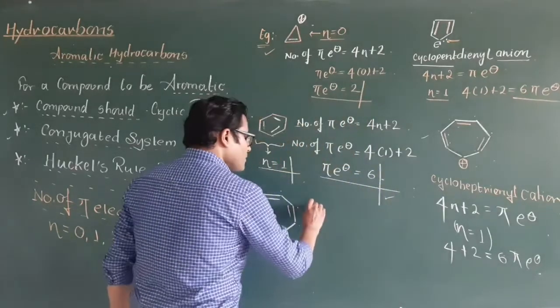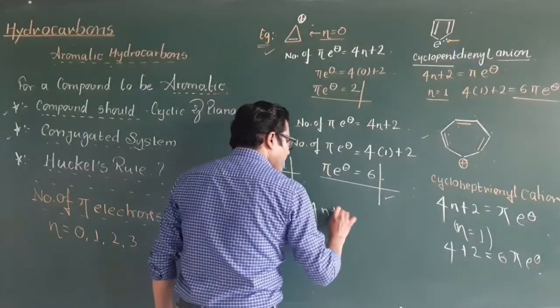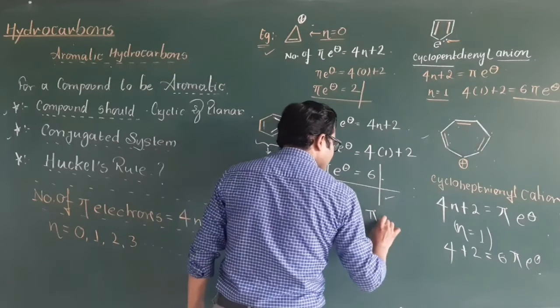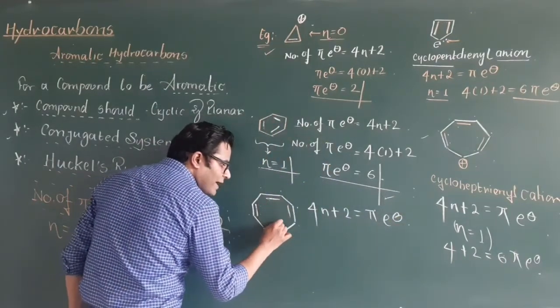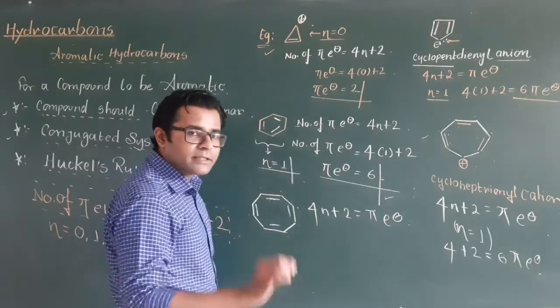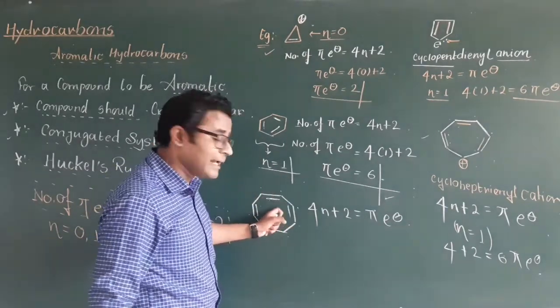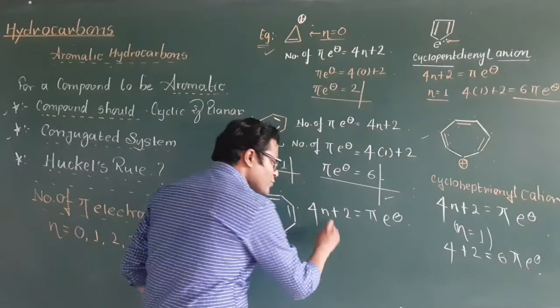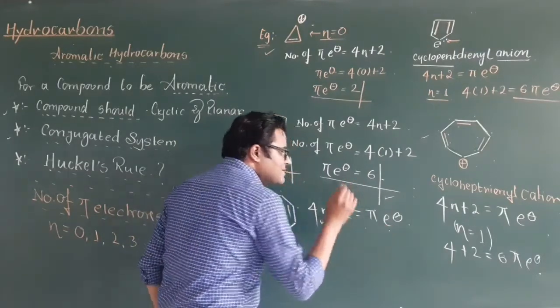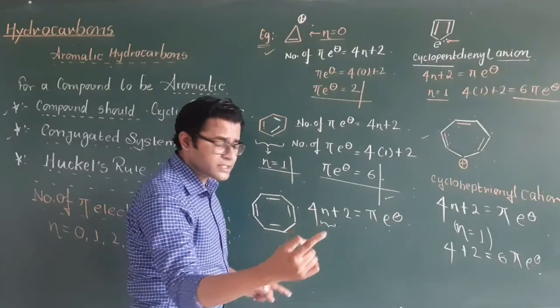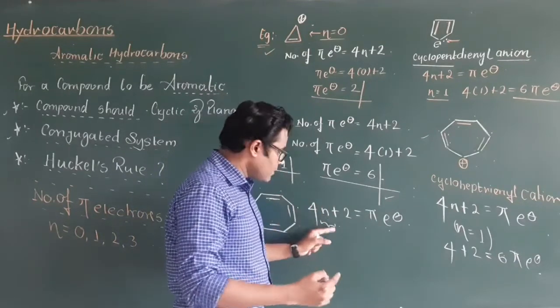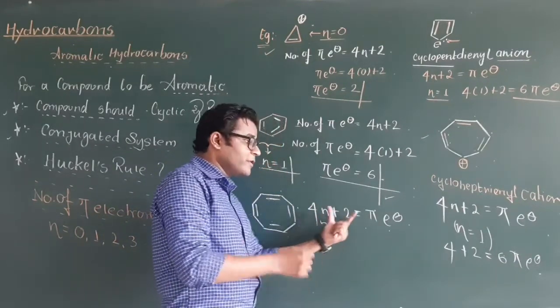When we have 4n plus 2 is equal to pi electrons, 1, 2, 3, 4, 5, 6, 7 and 8, there should be 8 pi electrons. Any substitution would give me 8 pi electrons here. If I insert 0, it will give me 2 pi electrons. If I insert n equal to 1, it is going to give me 6.